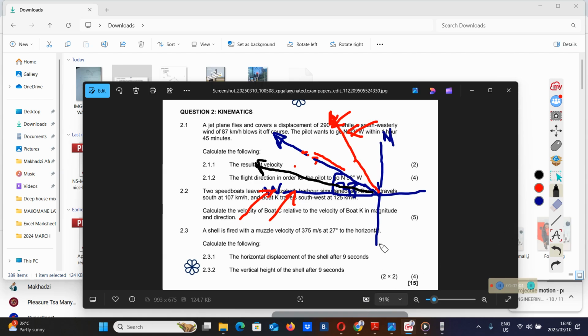So this wind is from southwest. If the wind is southwesterly, it means the wind is from southwest. So this is south, this is west. So the wind is coming from this direction. If the angle is not given between south and west, then we take the angle as 45.